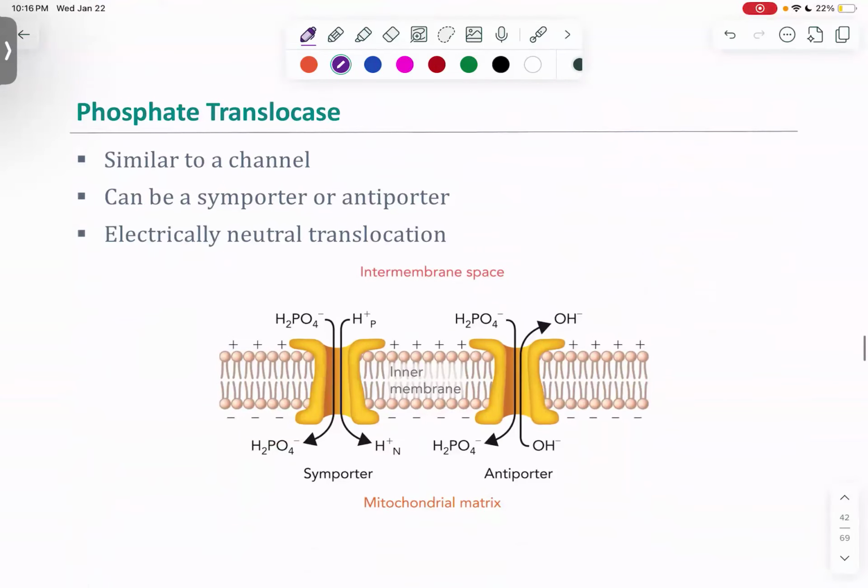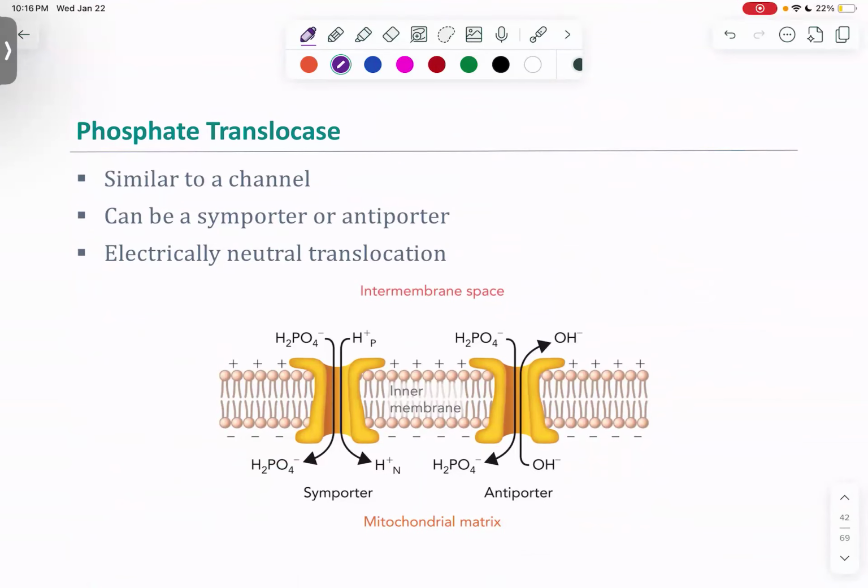All right, so now let's talk about the inorganic phosphate. The inorganic phosphate translocase is much more similar to a channel. And that channel can be either a symporter or an antiporter. And this is not like our ATP-ADP translocase. This one is electrically neutral. Okay, so how is it electrically neutral?